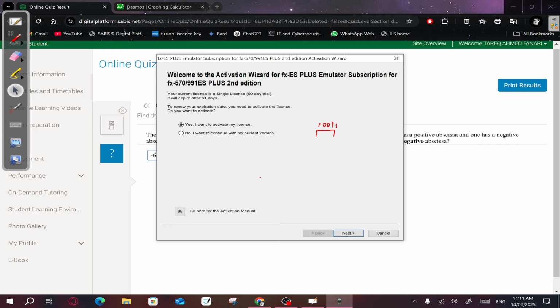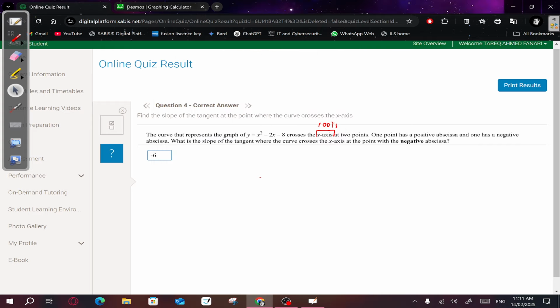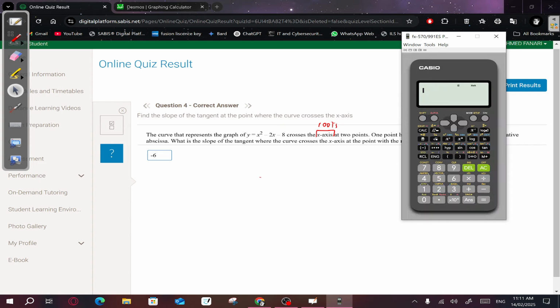If your calculator is one of the properly good ones, if it's the FX570 or FX991ES Plus, or the newer ClassWiz, the blue and white one, you know which one I'm talking about.